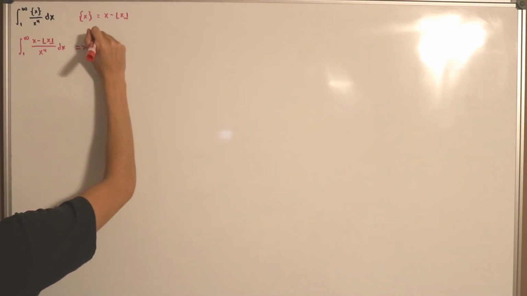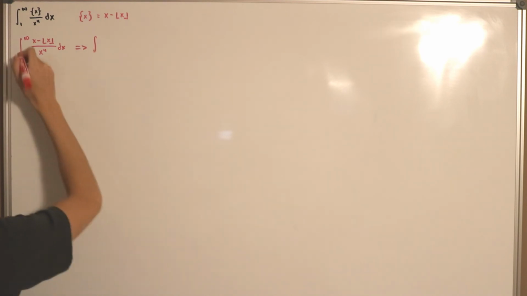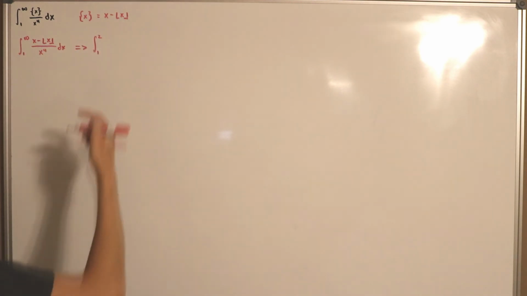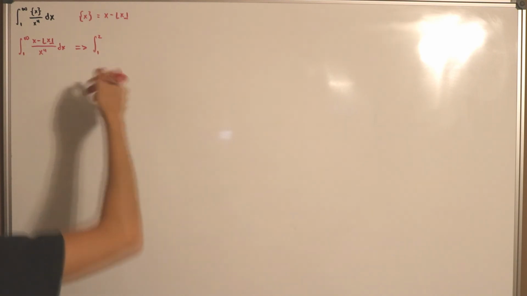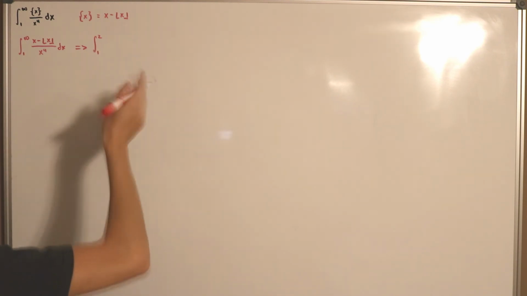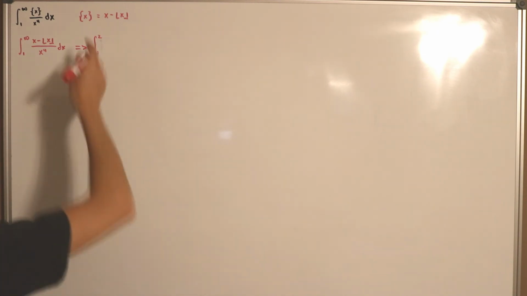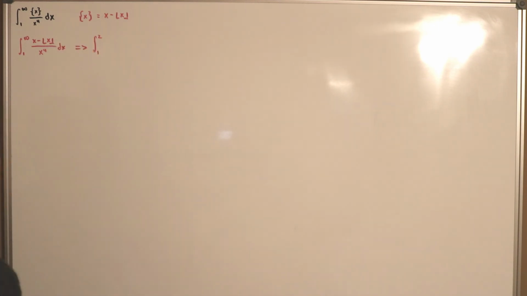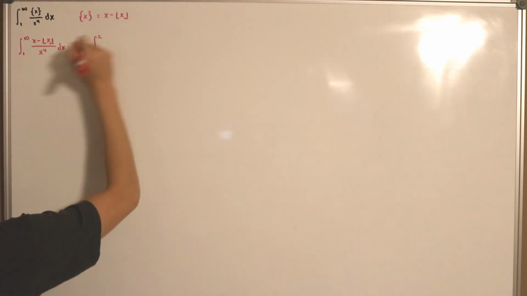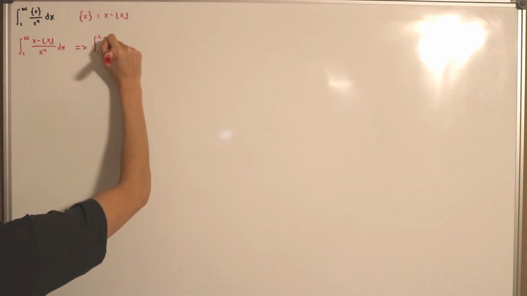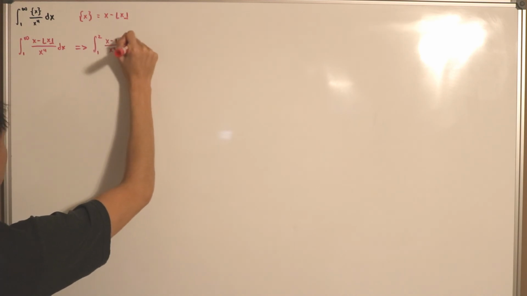Let's start with our lowest bound, 1 to 2. Whichever x I choose in the closed interval between 1 and 2, the floor function is always going to be 1. So I can replace the floor function between these bounds with x minus 1 divided by x to the 4th dx.